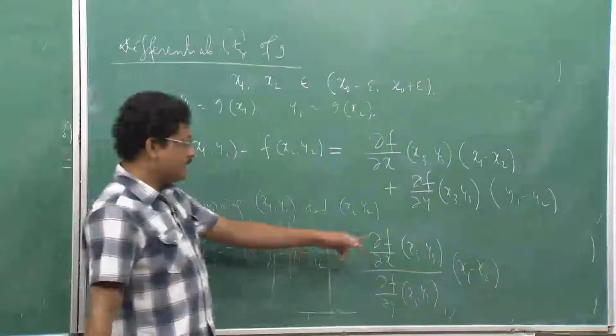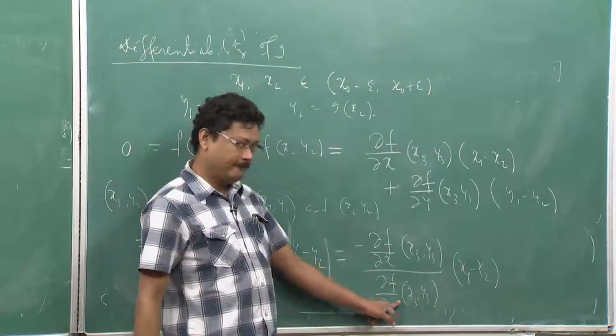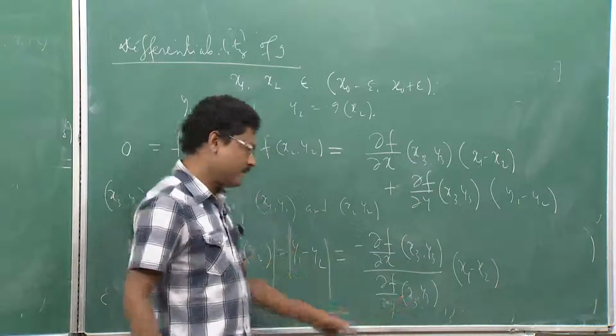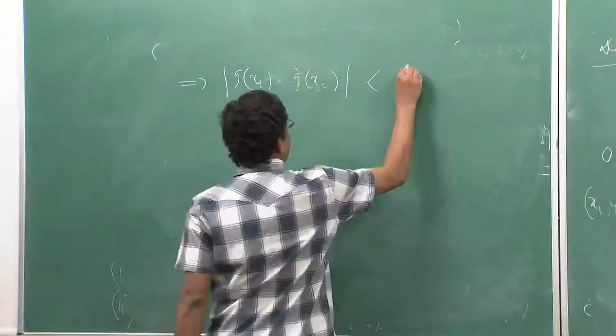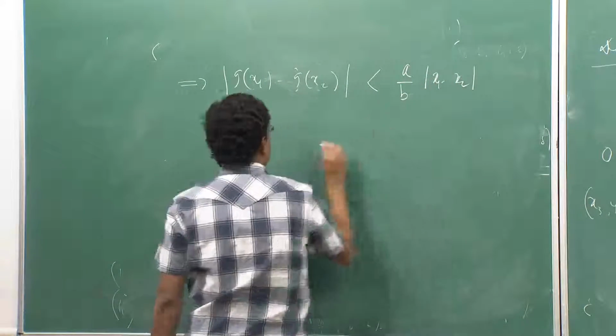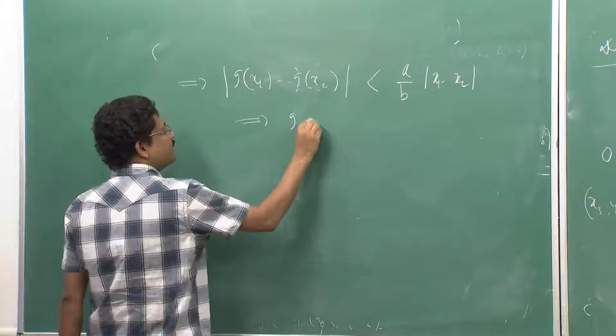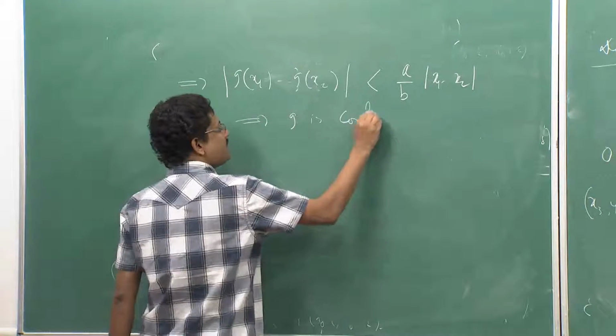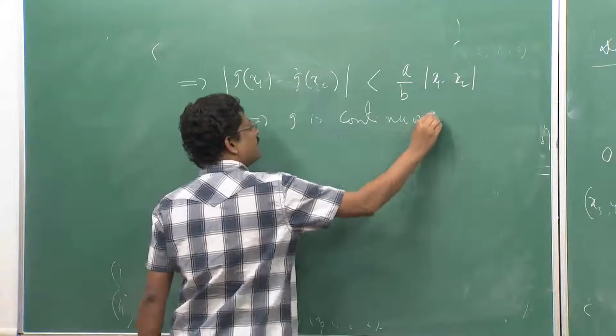This fellow is less than a, this is greater than b. So, 1 upon this is less than 1/b. This of course implies g is continuous, right.